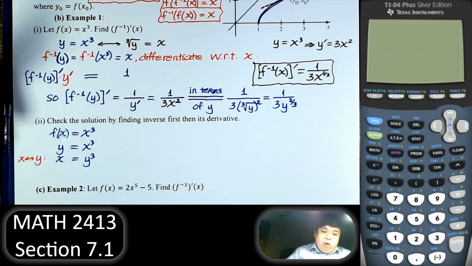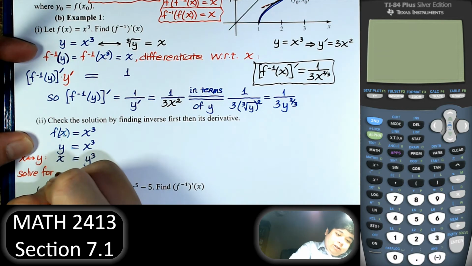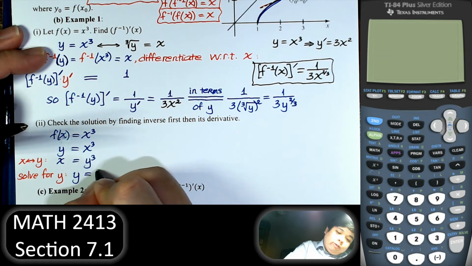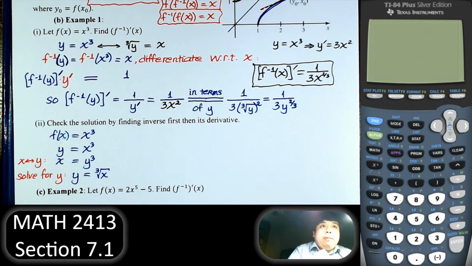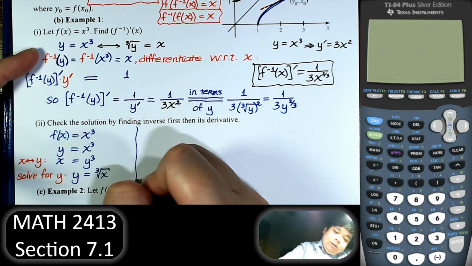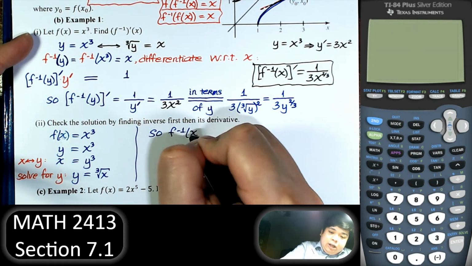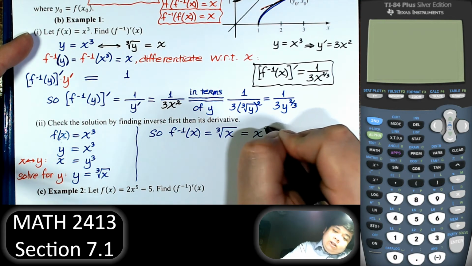And then when we solve for y, we'll have y equal to the cube root of x. When we take the cube root on both sides, do not put plus or minus. So we found the inverse. So the inverse function is equal to the cube root of x, which is x to the 1/3.